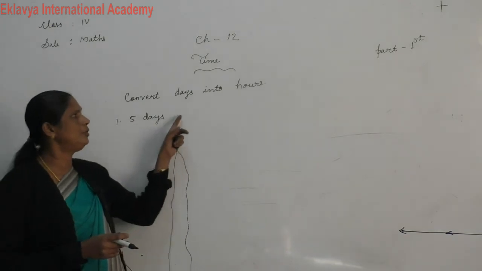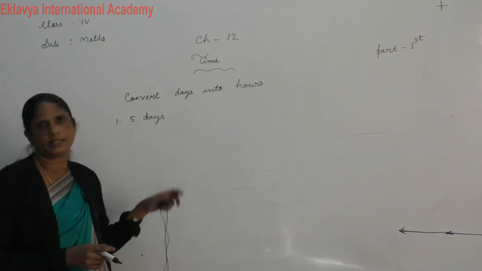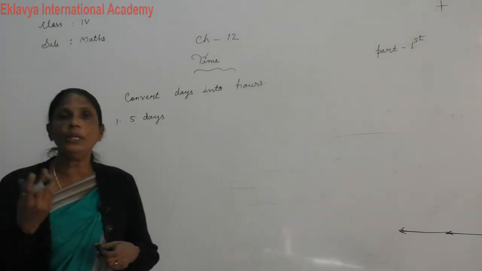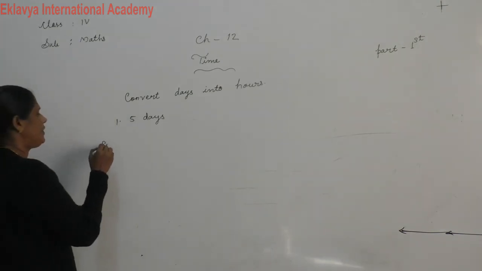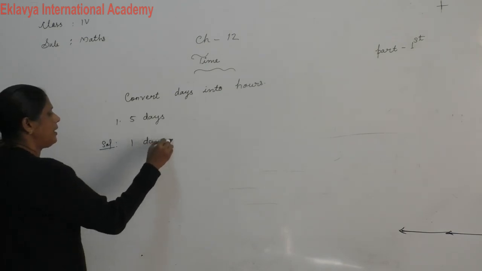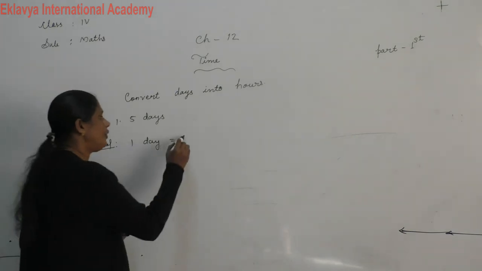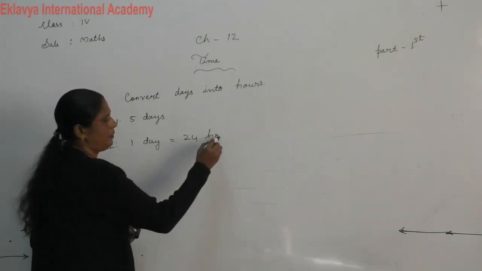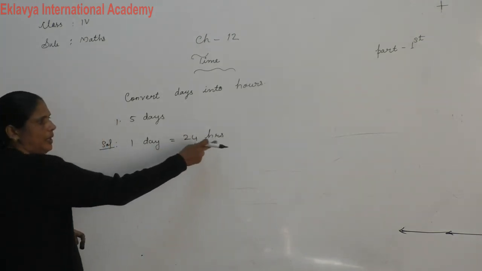Days into hours. Our question, 5 days. 1 day is equal to how many hours? First you write 1 day is equal to 24 hours. Then we write it in short form. 1 day is equal to 24 hours.